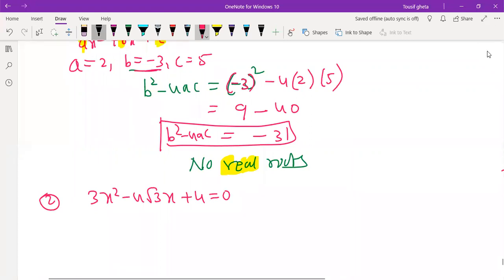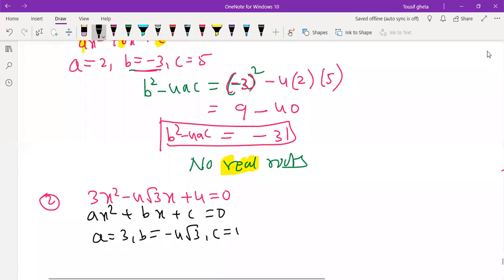Chalo, you should be faster. b is equal to minus 4 root 3. c is equal to 4. b square minus 4ac is the discriminant.